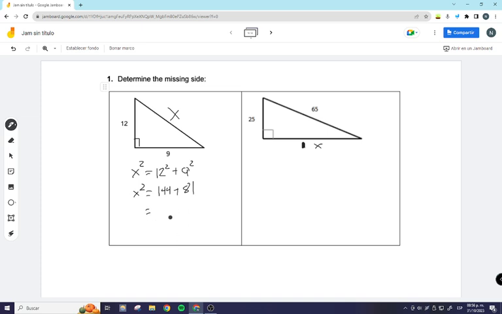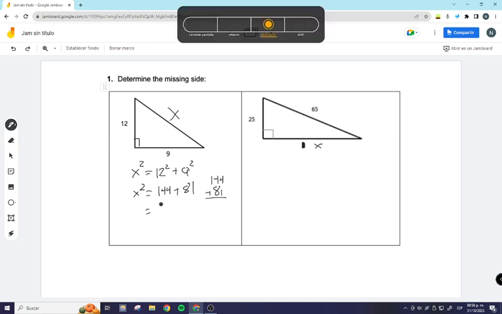Okay, let's see what is 144 plus 81. 4 plus 1 is 5, 4 plus 8 is 12, and 1 plus 1 is 2. So basically, it's 225.